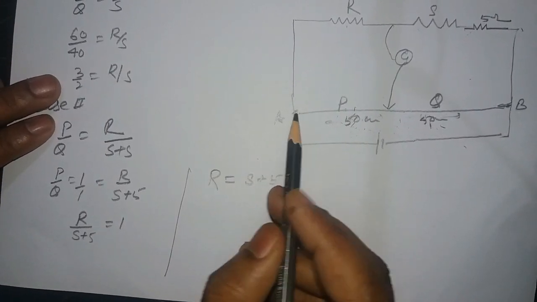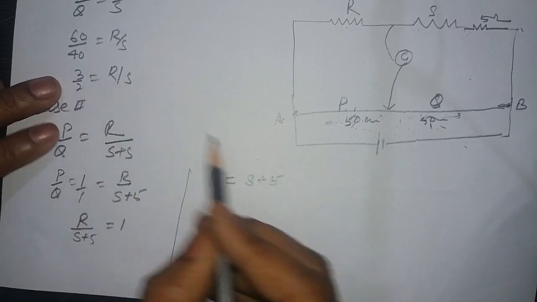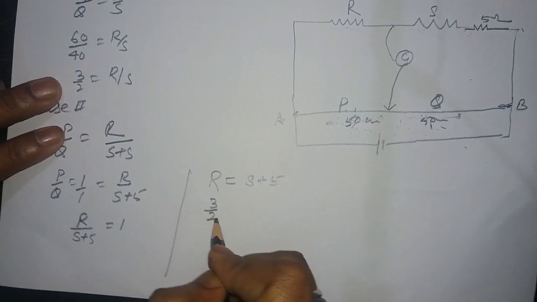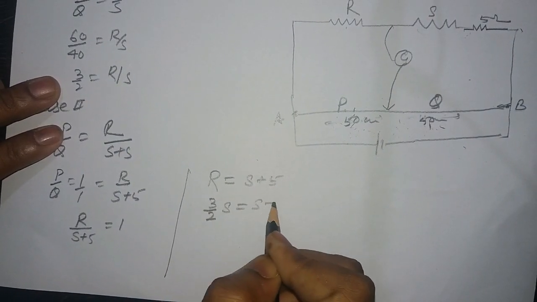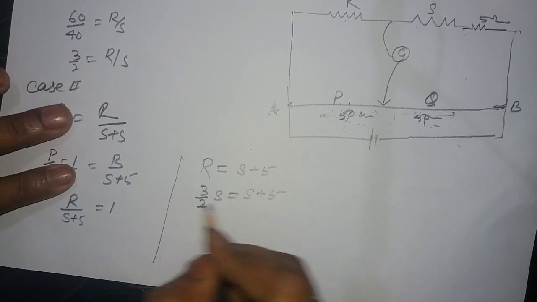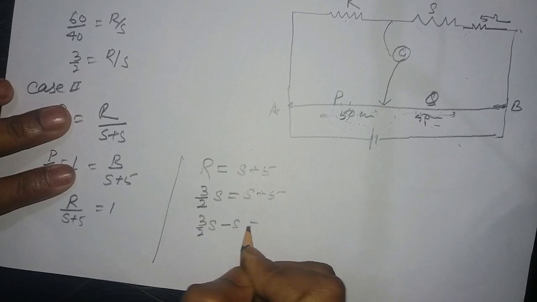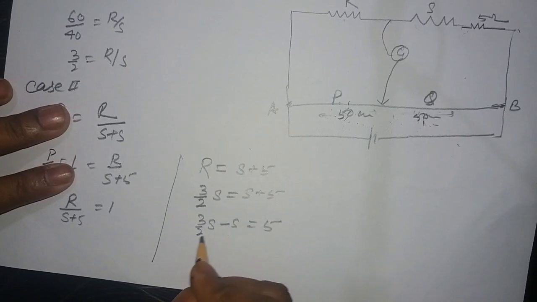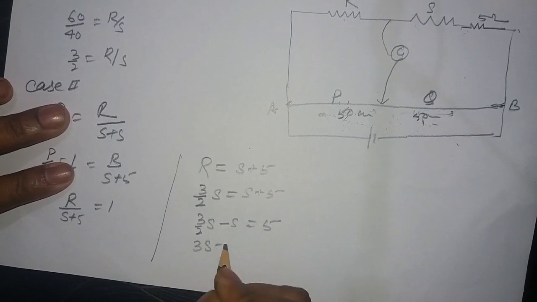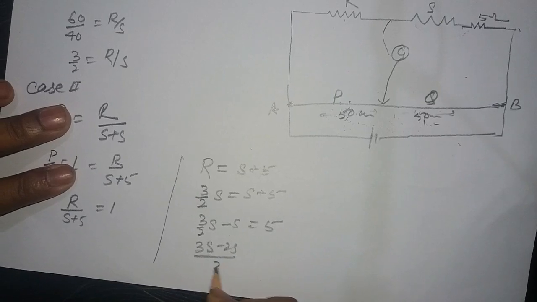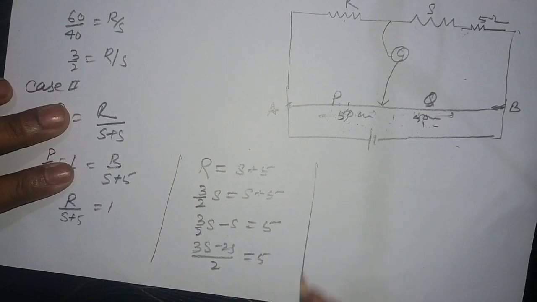ठीक है. Now get the value of R from here. This will be 3 by 2 S equal to S plus 5. 3 by 2 S minus S equal to 5. तो ये कितना हो जाएगा? 3S minus 2S divided by 2 equal to 5.